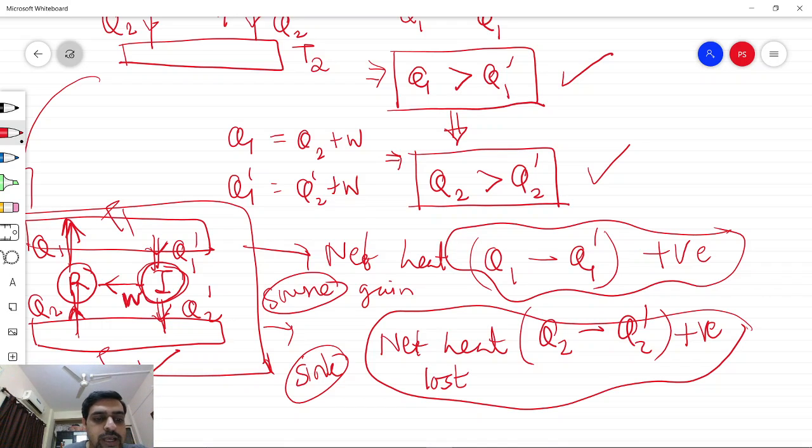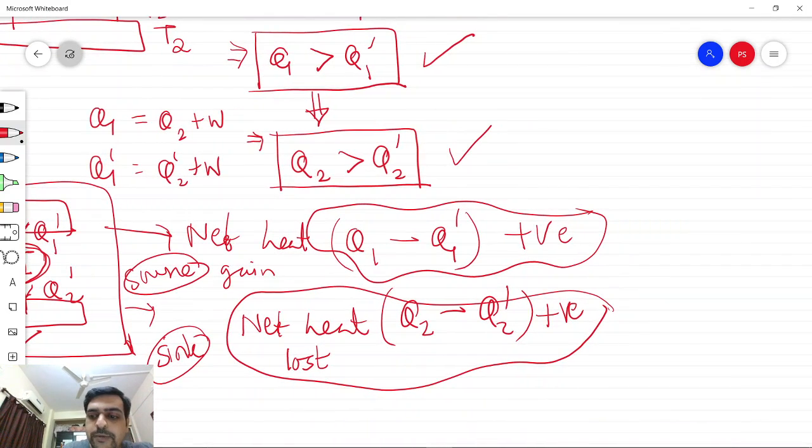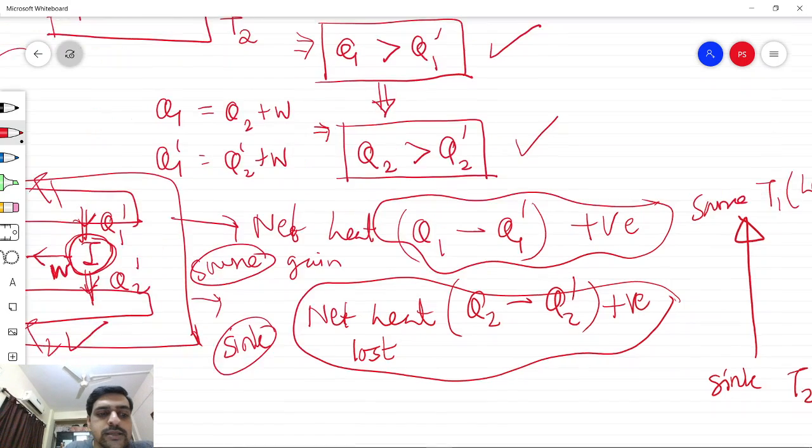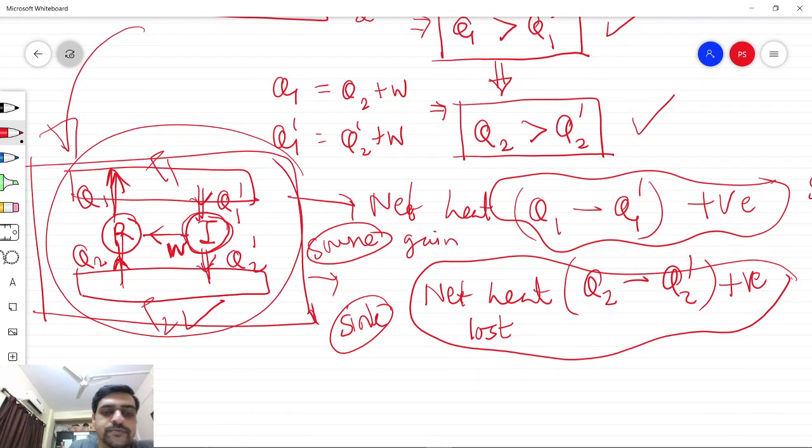So effectively there is a transfer of heat from the sink at lower temperature to the source at higher temperature by this composite engine without any help from an external agency.